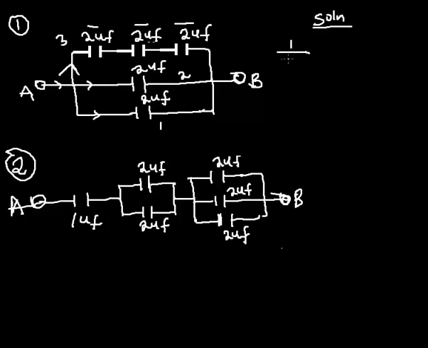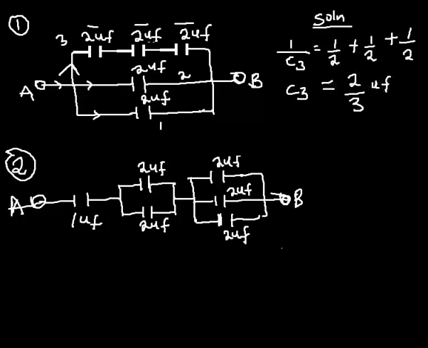So I will simply say 1 over C3 is equal to 1 over 2 plus 1 over 2, then plus 1 over 2, using LCM, as we've done before for series connections. So C3 is going to be equal to 2 over 3 microfarad.